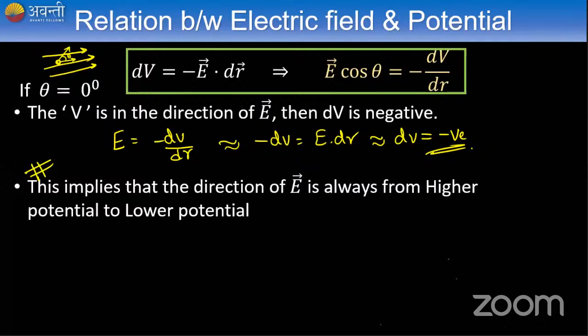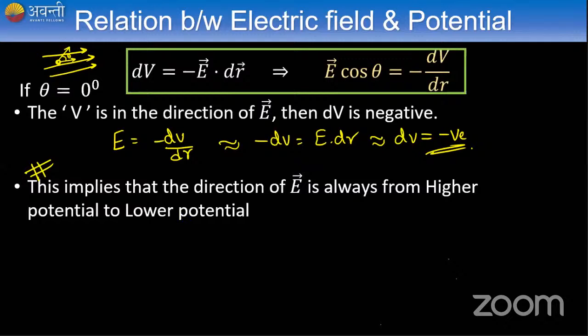Whenever there is flow of charge, there is an electric field present. So my electric field direction is always from higher potential region to lower potential region. Please make a note of this. This is very, very important.